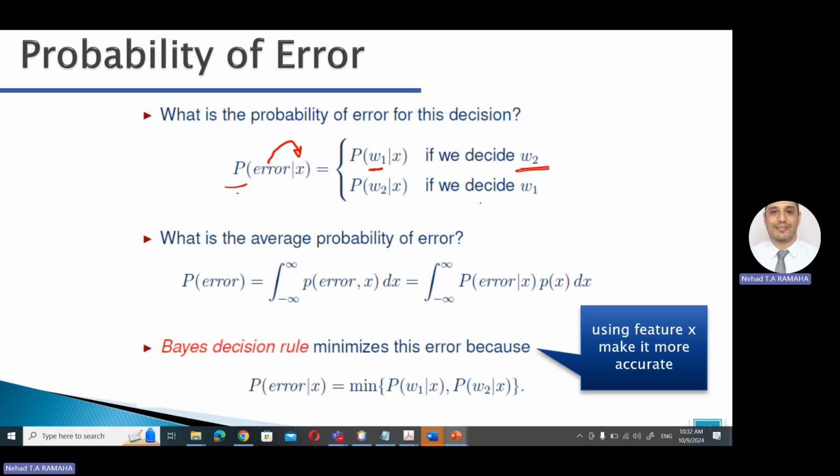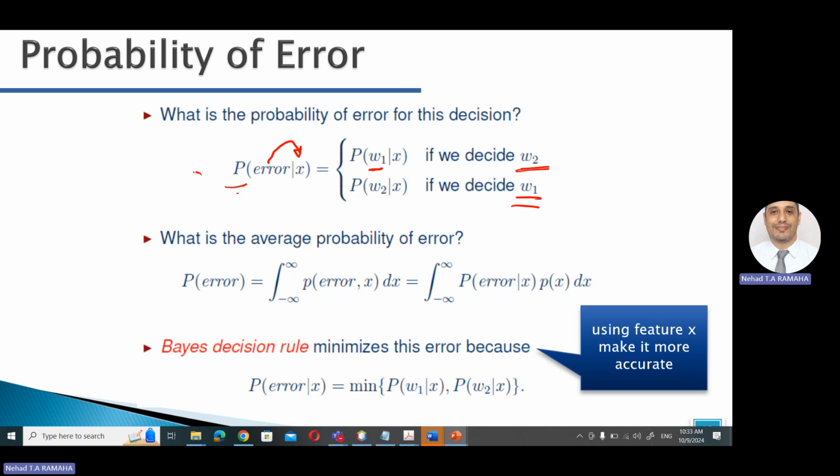When we select W2, it's the probability of W1, yes? So if we decide W2, then the probability of error given this feature is the probability of W1 given X. If we decide W1, then the probability of error is the probability of W2 given X.